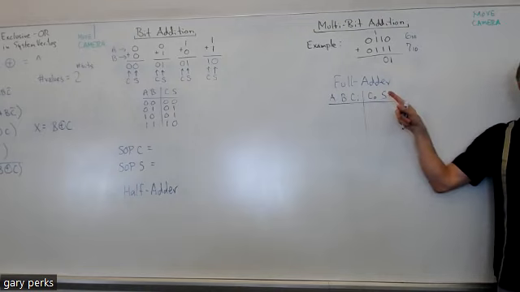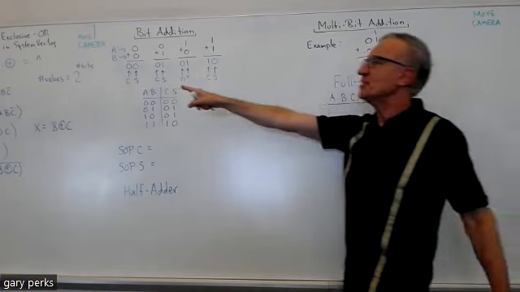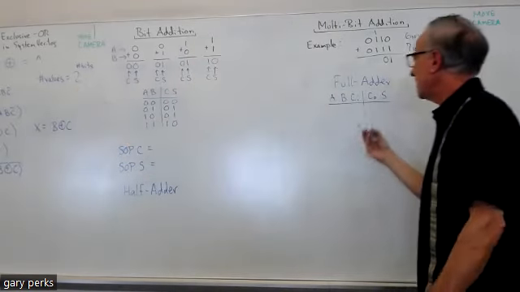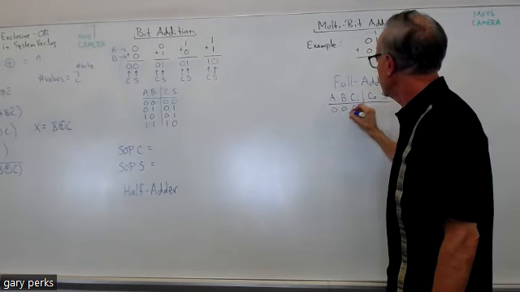Okay, since the truth table for the full adder has 3 inputs, how many rows are in this truth table? How many values can you have with 3 bits? 8, right? We're always doing this. This has to be ingrained in your brain. So they all could be 0, 1.